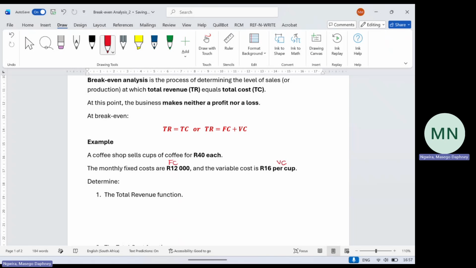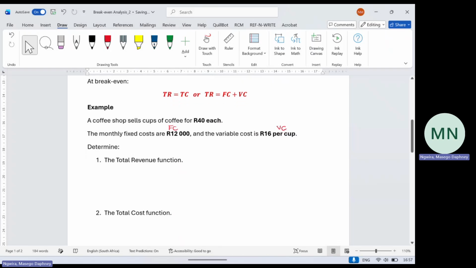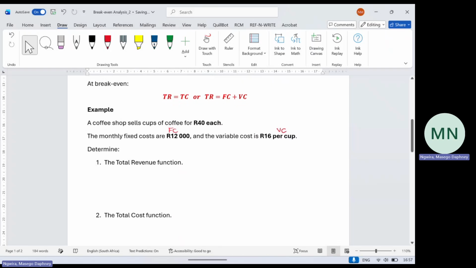Now we have a question. It says, determine the total revenue function. We know that total revenue is equal to P times Q. Our P is 40, because the coffee shop sells cups of coffee for 40 Rand.